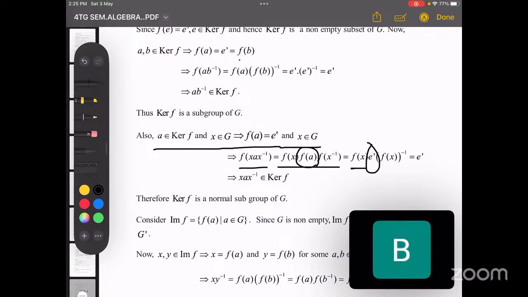If you write e dash here, e dash into f of x whole inverse means you will get f of x whole inverse. So f of x into f of x inverse again gives the identity element e dash. So whenever you get the identity element e dash, x a x inverse belongs to kernel f. Therefore kernel f is a normal subgroup of G.